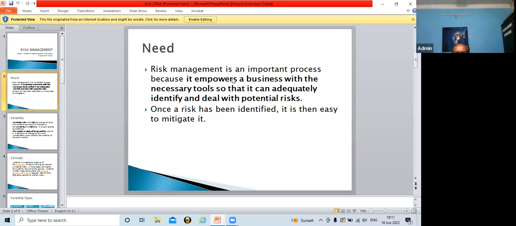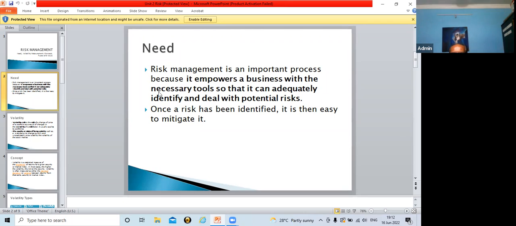Risk management is an important process because it empowers a business with the necessary tools so that it can adequately identify and deal with potential risks. Now, what are the tools we use to prosper our business? Tools like budgetary control, standard costing, material costing, fund flow statement.